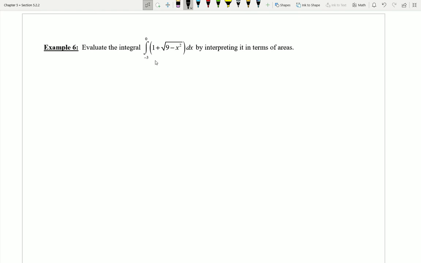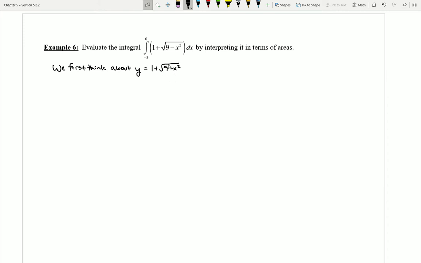So I'm first going to think about the function that I'm integrating. I'll write that down. We first think about y equals 1 plus the square root of 9 minus x squared.